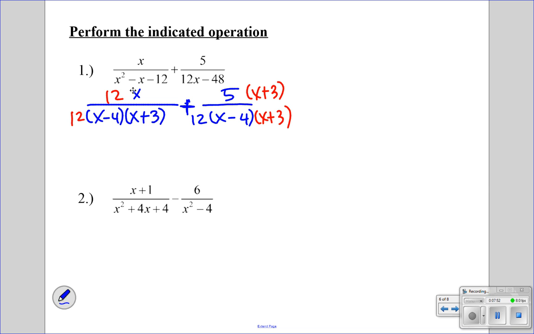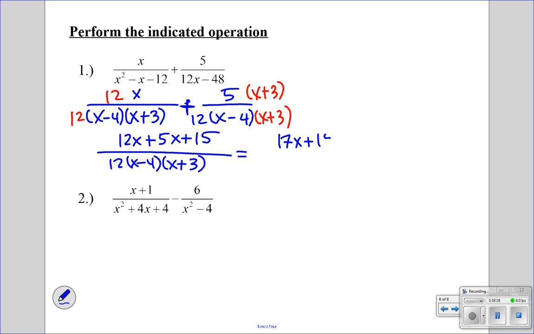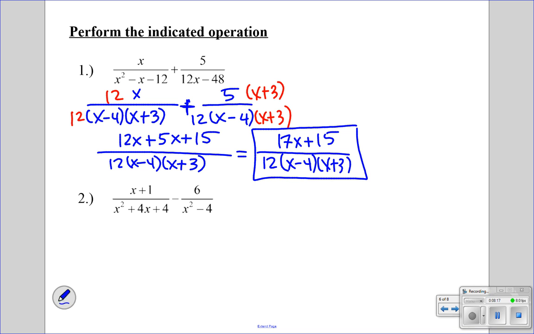Okay? So what we're going to get is 12x plus 5x plus 15 all over 12 times x minus 4, x plus 3. So we combine like terms, we get 17x plus 15 all over 12 times x minus 4 times x plus 3. Top is unfactorable, it's in simplest form, so that's done.